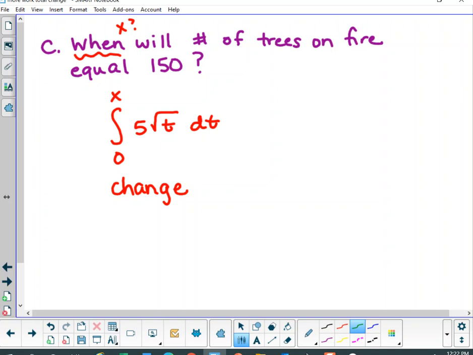And if we think about totaling 150, we take that start, add on some unknown amount of change to figure out when we're going to get to the 150.